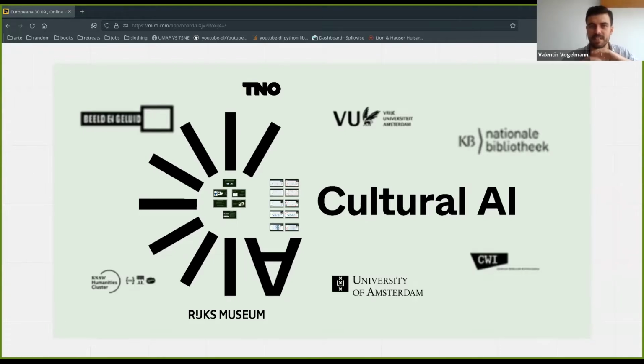It's a lab that tries to foster AI research with a special eye on cultural applications, but also the other way around: trying to let culture and cultural stances flow back into AI. It's a collaboration of some of the organizations that you see here, for instance the CWI in Amsterdam, the University of Amsterdam, but also cultural institutions like the Rijksmuseum or the National Library.